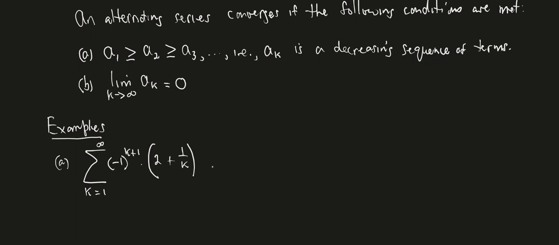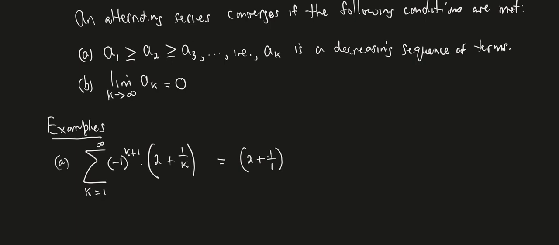Now, let's write out these terms so you can see what they look like. When k is equal to 1, we'll have a positive 1 there, and I'll leave the parentheses just so you can see it. So then you'll have 2 plus 1 over 1.